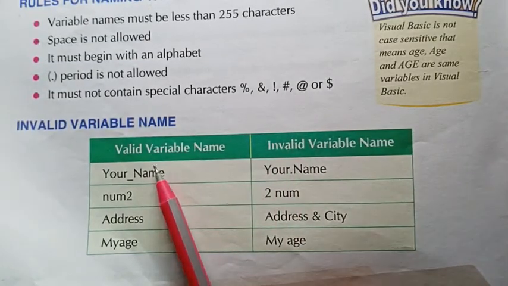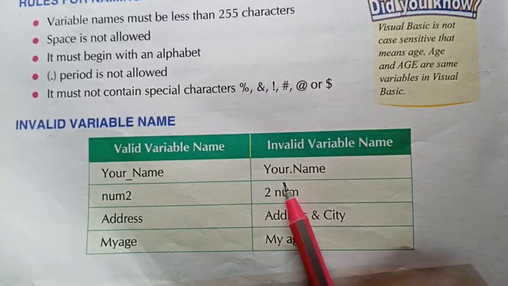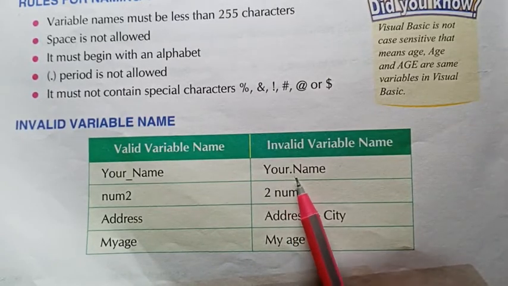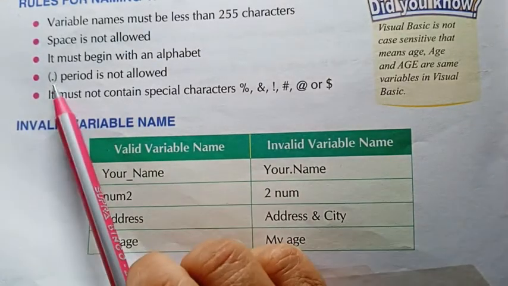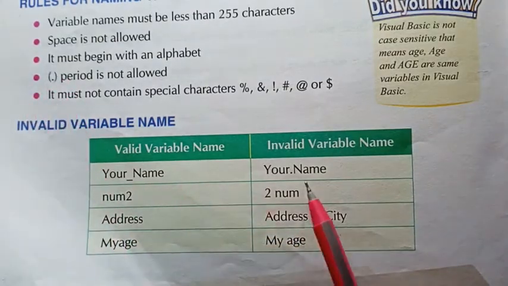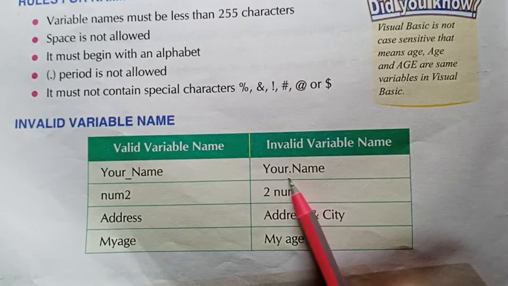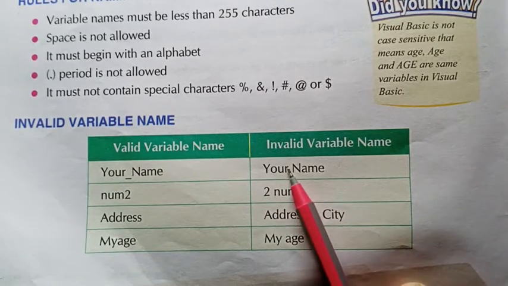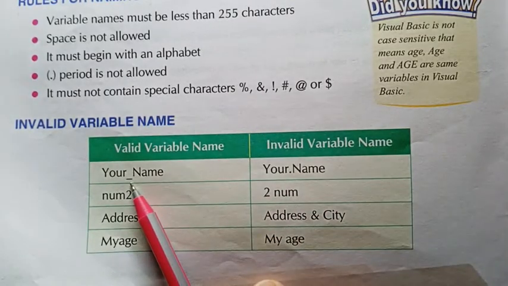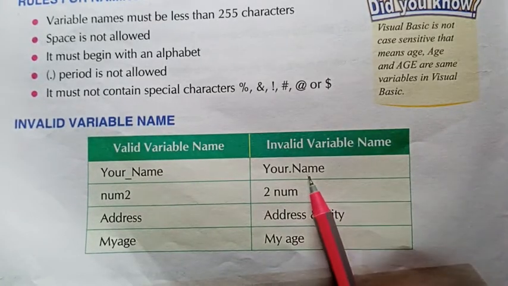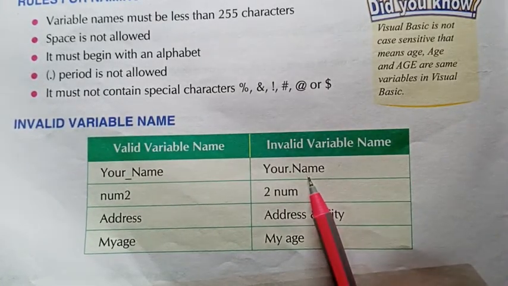But if you write your.name, so sorry, I said this is allowed, this is actually not allowed. The dot is not allowed as a separator. For a separator only underscore is allowed. So this is an invalid variable name.